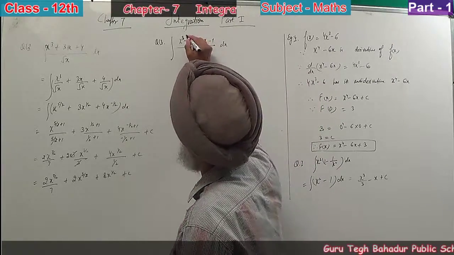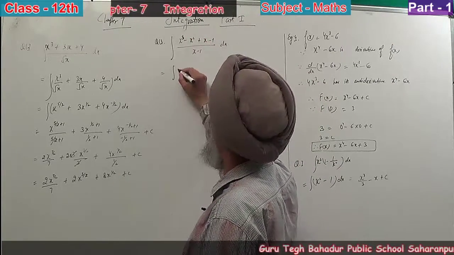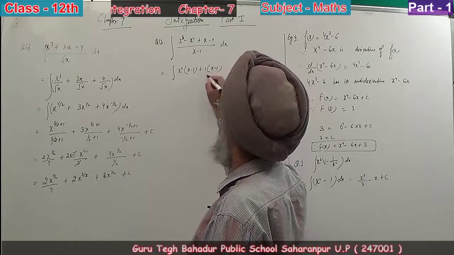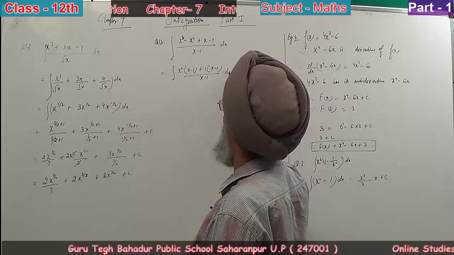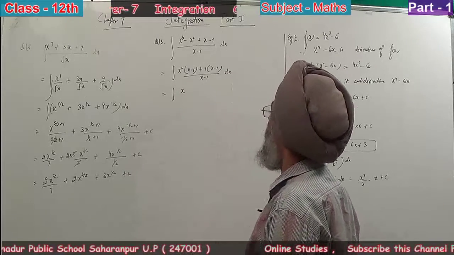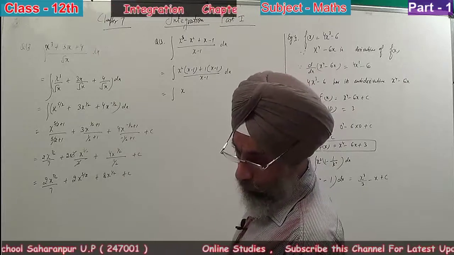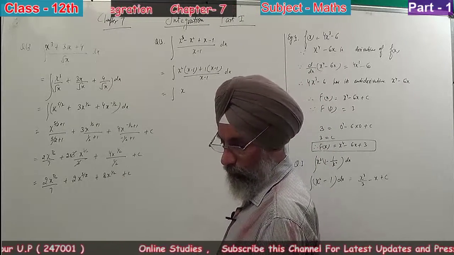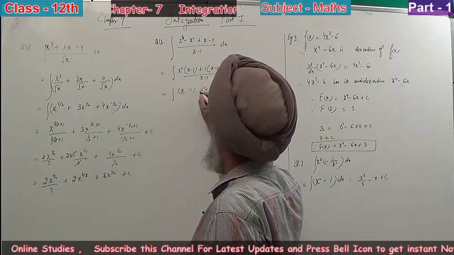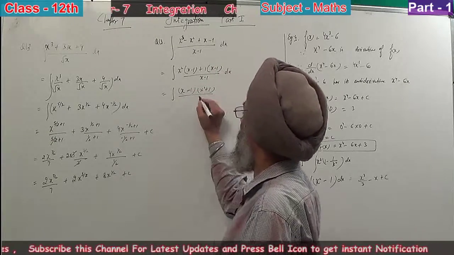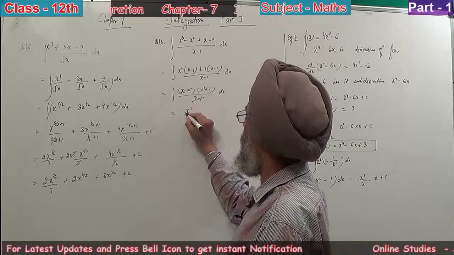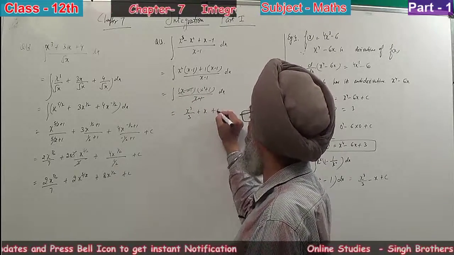In the numerator we can factorize it, taking x square common from the first two terms, x minus 1, and x square plus 1. x minus 1 is common, left is x square plus 1 upon x minus 1 dx, cancelling it, it is x cube upon 3 plus x plus constant of integration.